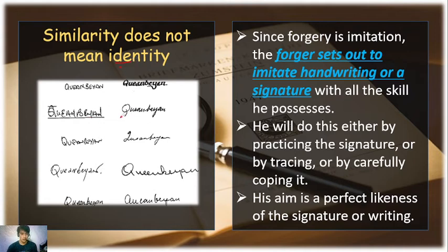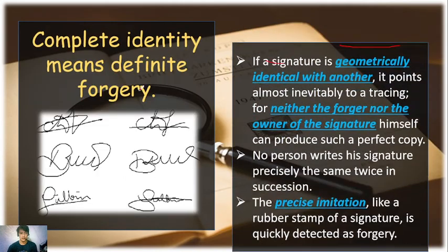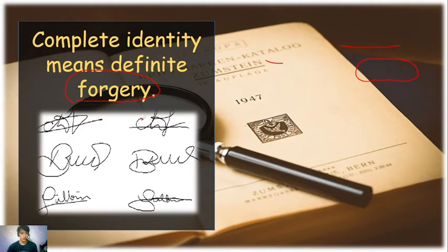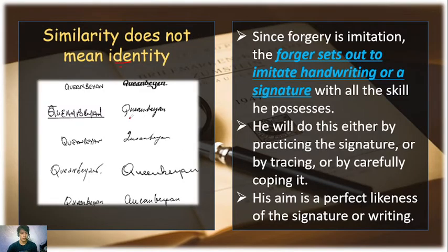It says here that it is a definite sign of forgery, especially in signature. Ibig sabihin nun that might be traced, or that might be formed by tracing the signature, or forging the signature.